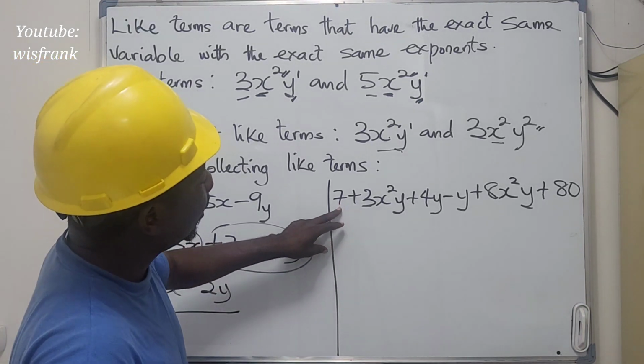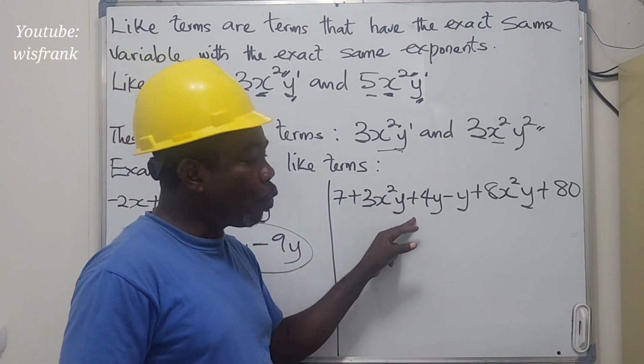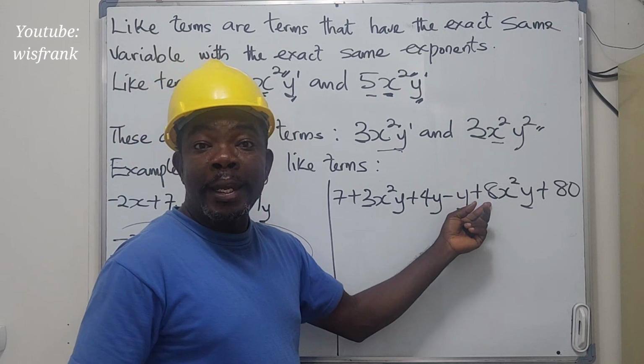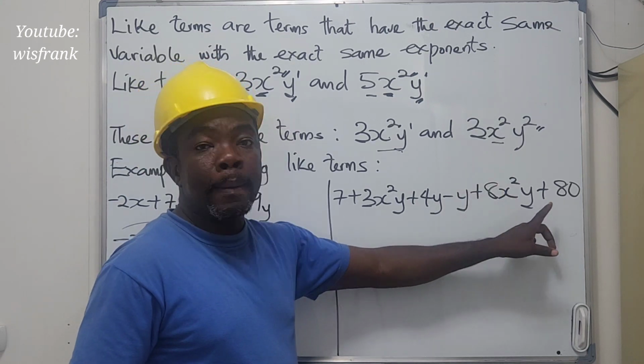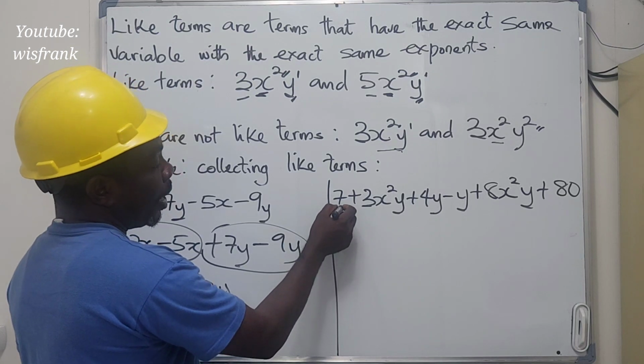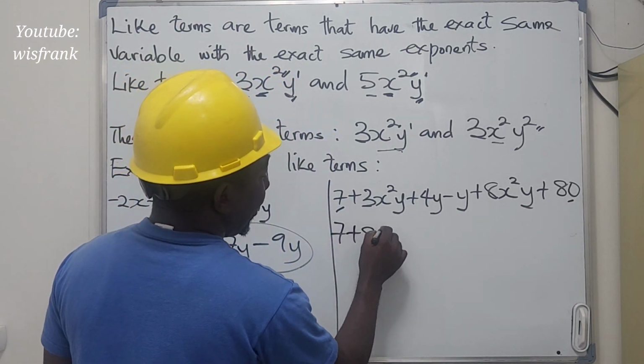Look at this one. We have 7 plus 3x to the power of 2y plus 4y minus y plus 2x plus 8x to the power of 2y plus 8. For us to collect like terms, let us look at the constants. We have a constant here and a constant here. So it's going to be 7 plus 8.